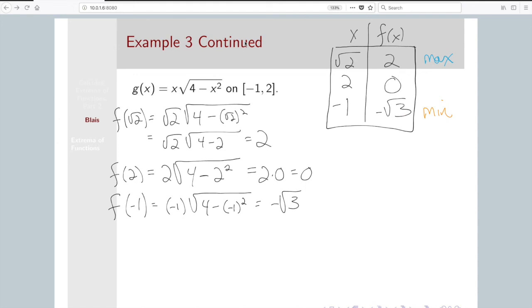So if we want to draw this, we had our max value occurring at the point root 2, at x equals root 2. And we have a y value of 2.